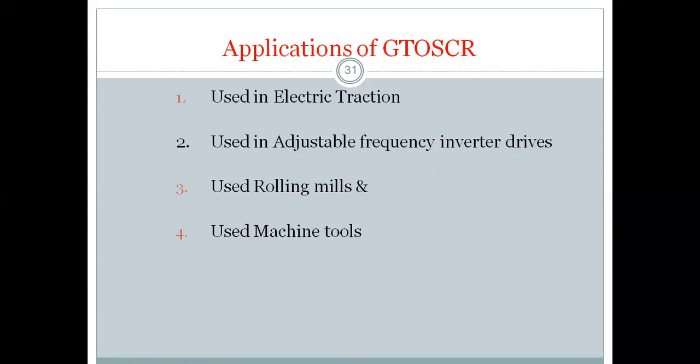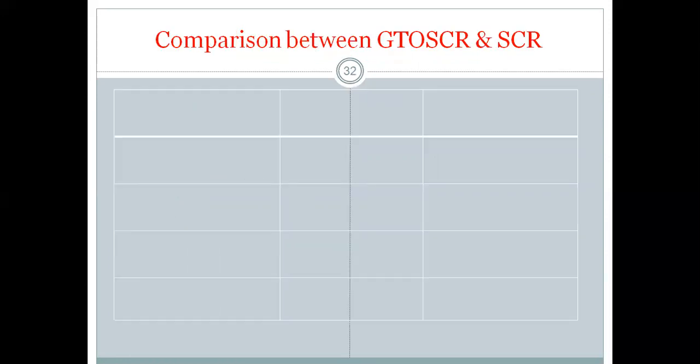And GTOs are available up to 25 kilowatts, 1400 amperes. Next, we will see the comparison between GTO SCR and normal SCR.